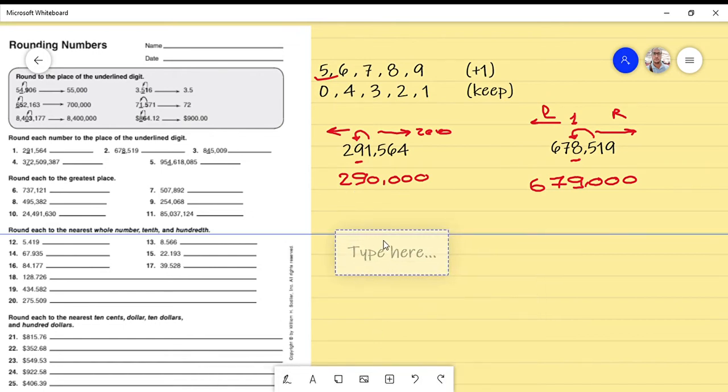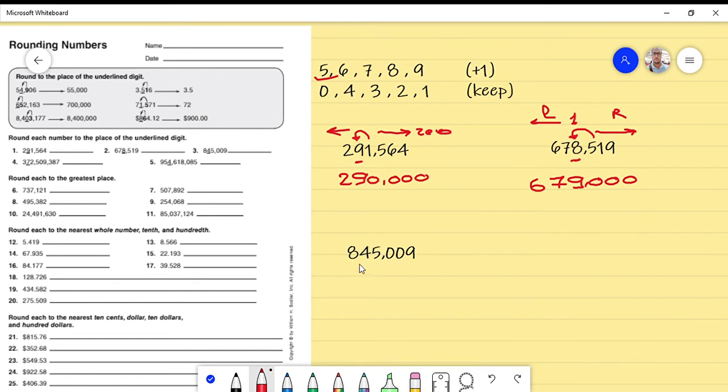Let me solve another question. Here is 845,009. The underlined digit is 4. The number just to the right of 4 is 5, so it rounds up. You add 1 to 4, so 4 will be 5.